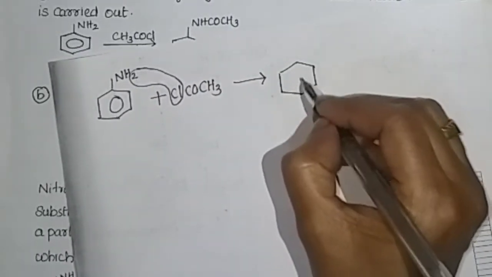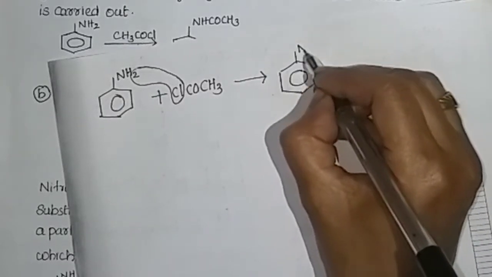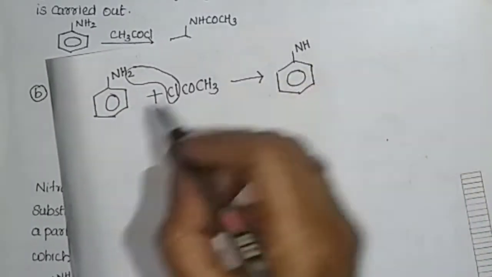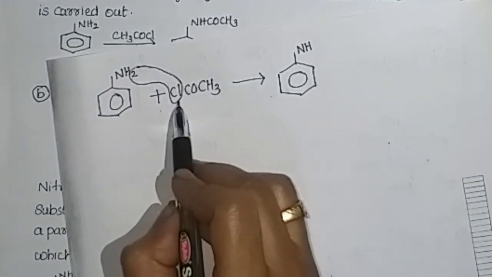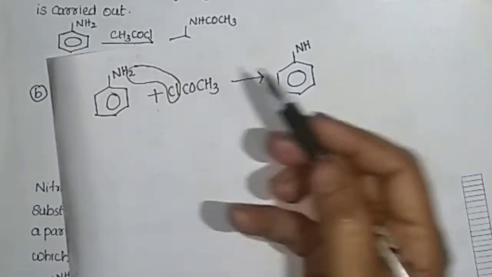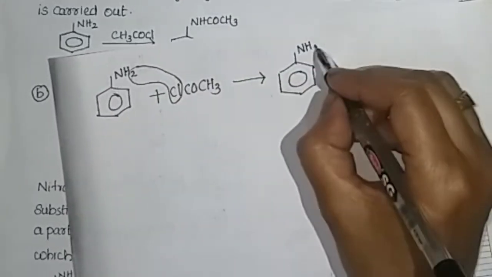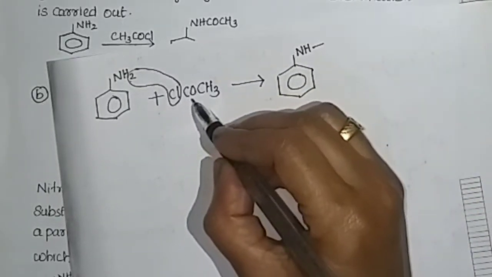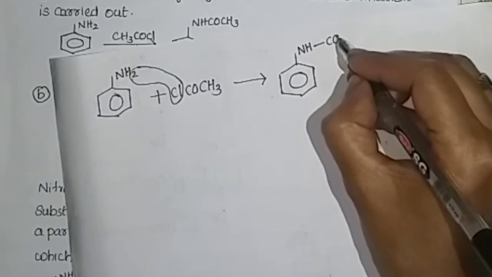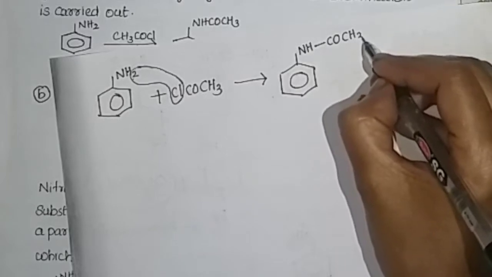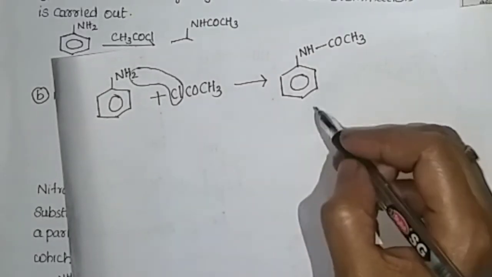Then we get a benzene ring with only NH remaining. One hydrogen from this combines with the Cl to form HCl, which is eliminated. Then a bond is formed between them. Here the remaining group is COCH3. This is known as acetanilide.